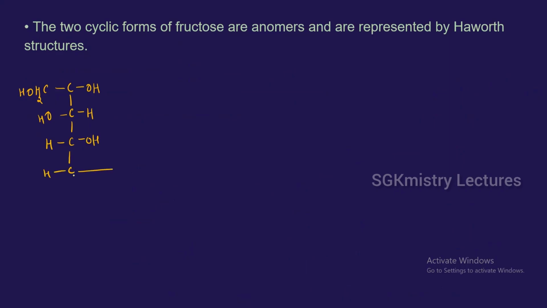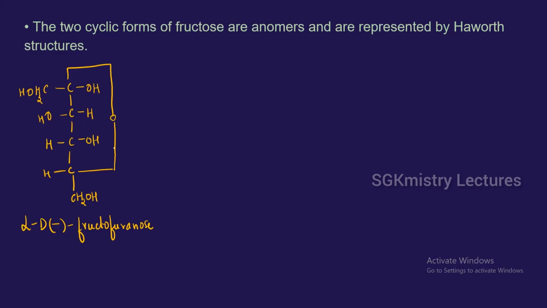This is forming the ring, so I'm not going to write the OH. And here there will be CH2OH. So this forms the ring with the oxygen here, right? So this is the alpha D minus fructofuranose, right? Now let me explain how to write the Haworth structure for this particular compound.